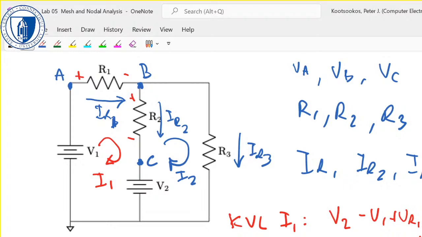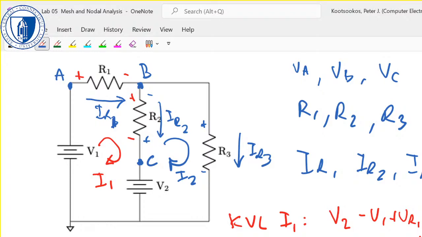And then KVL, change colour. KVL for I2. We get minus V2. And this time we're going that way, so our polarities are like that.